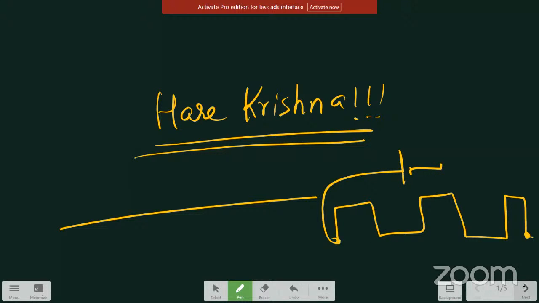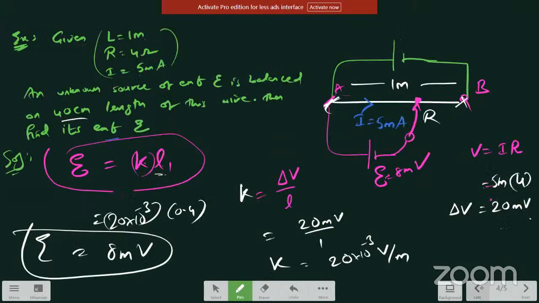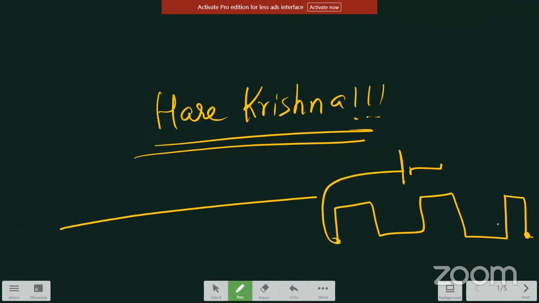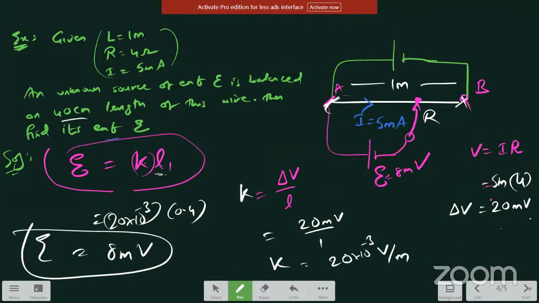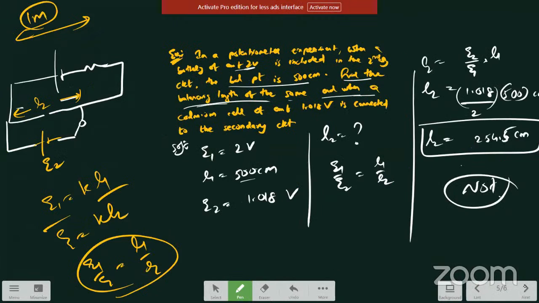We can bend it in any way, but any two points of the wire should not come in contact. If I bring them too close, there will be short circuiting, which is not desired.